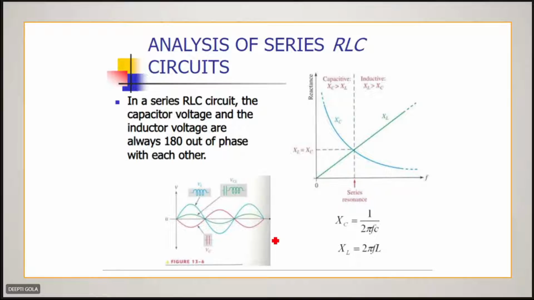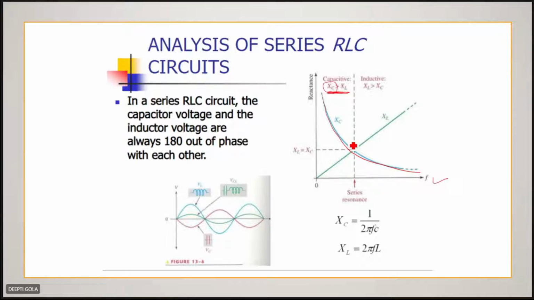Now, if we analyze the reactance of this circuit, when Xc is greater than XL, that is, when the capacitance is dominating, meaning the reactance of the capacitance is greater than that of the inductance, then we will get this kind of curve for the reactance versus frequency plot.